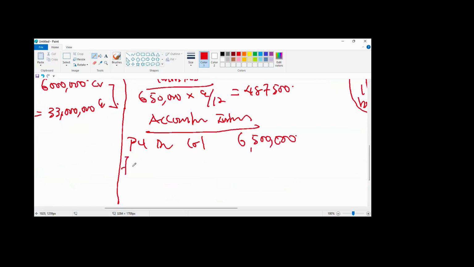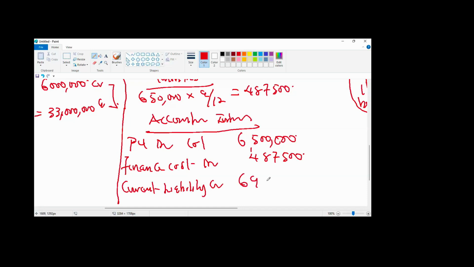Then the finance cost, which is going to be debited to retained earnings, 487,500. Then the liability under current liability is credited, which is 6,987,500. That is all for the deferred consideration.